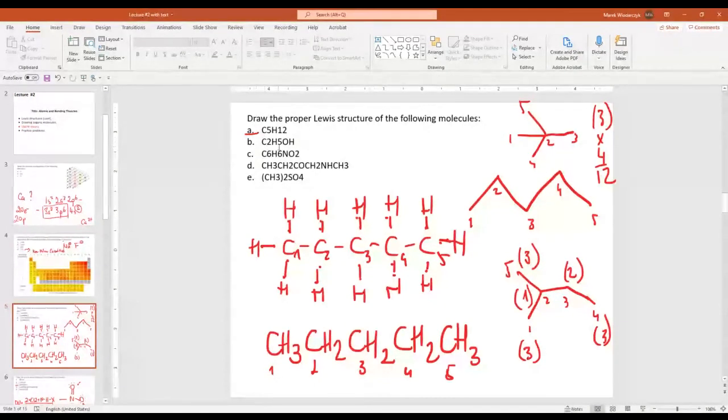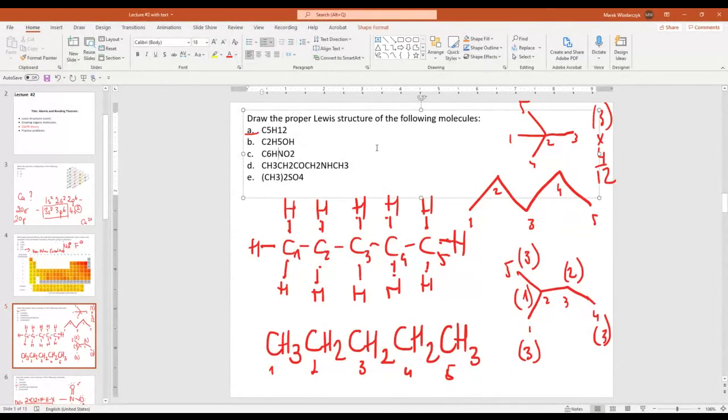And that's important. There is an error in this formula, and it should be 5 here, not 6. So please, when you do some of those problems by yourself, make sure you correct it.